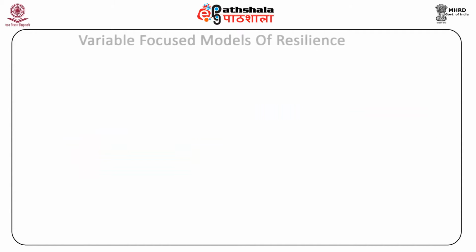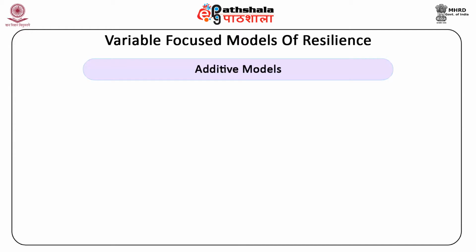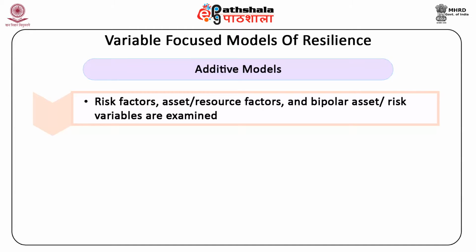Variable focused models of resilience. Several variable focused models of resilience are additive models, interactive models, and indirect models. Additive models. In the simplest model, the additive effects of risk factors, asset resource factors, and bipolar asset risk factors are examined in relation to a positive outcome.